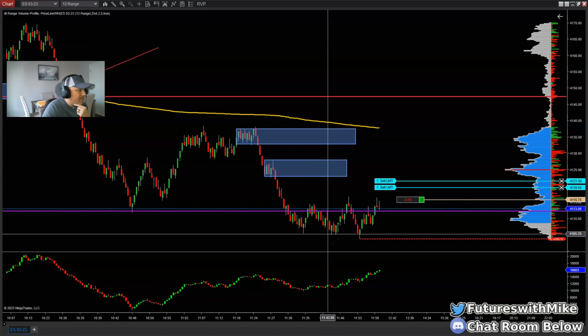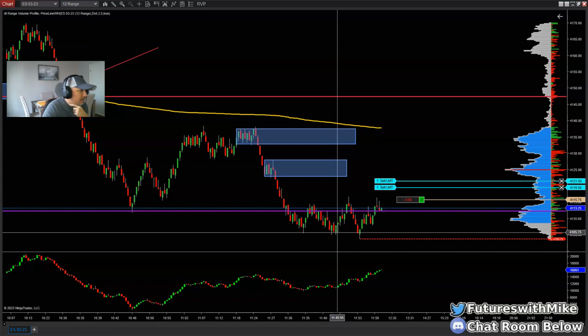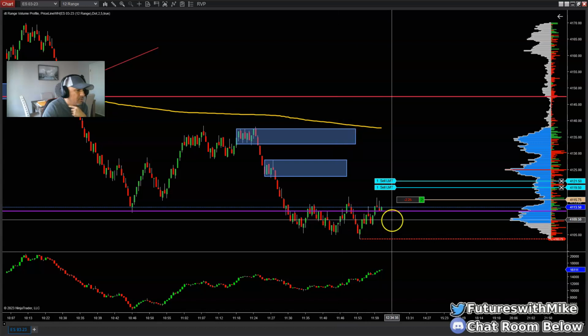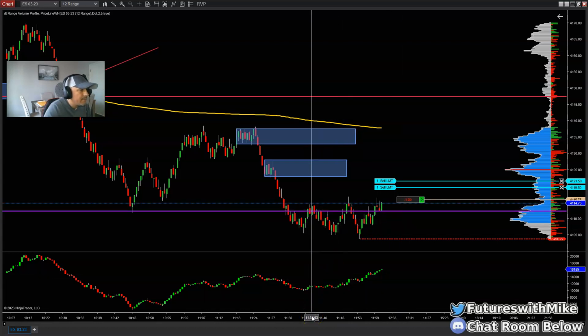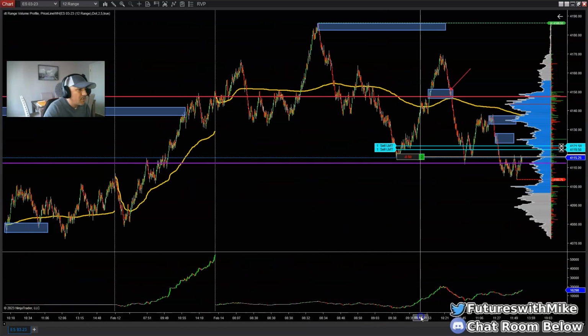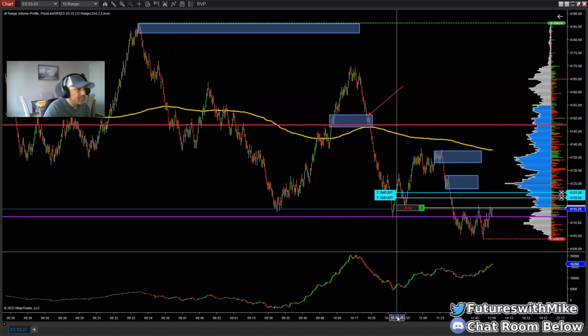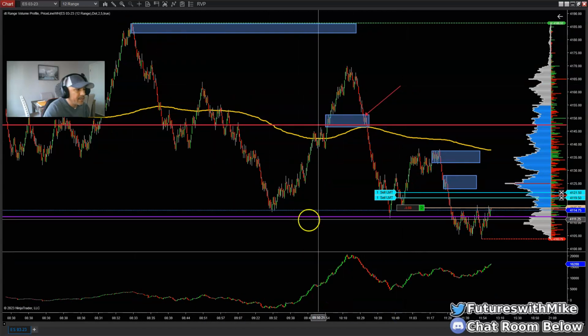It keeps wicking out here at the bottom, grabbing this liquidity down below. So to me, that mimics order flow trying to push higher and break higher. Not saying it's going to do it for an extended period of time, because if you look at the structure of the market today, even on a lower time frame, we're making lower lows and lower highs.